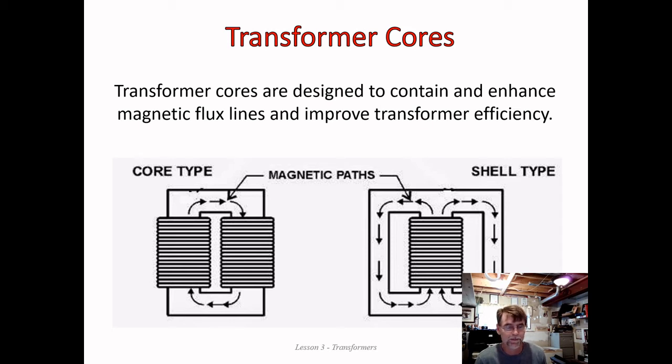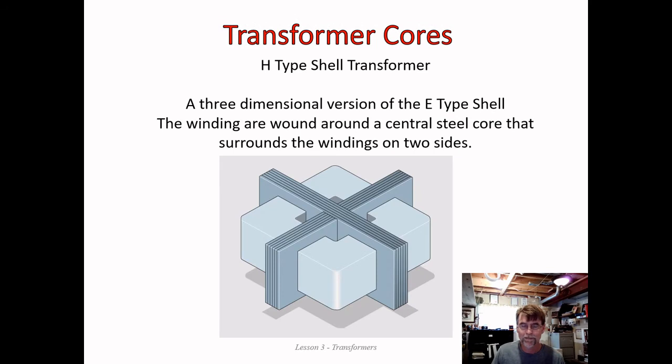Okay, the core type on the left, we see the lines of flux from the primary transferred to the secondary, and the shell type on the right, we can see the lines of flux going around through the outer bars of the core, but as they expand and contract, they cut through the secondary coil. Okay, good. But now I think the next slide takes that shell type and moves one step further.